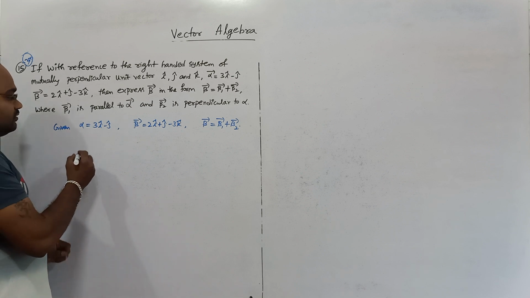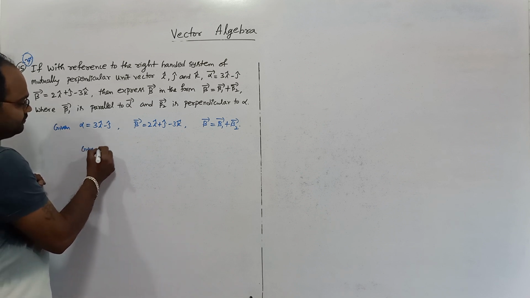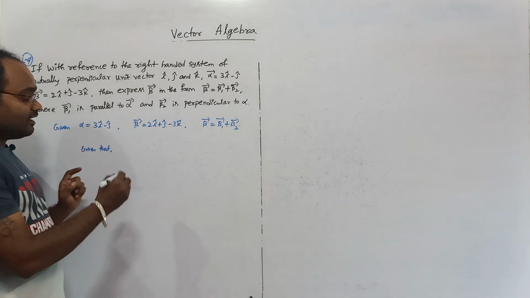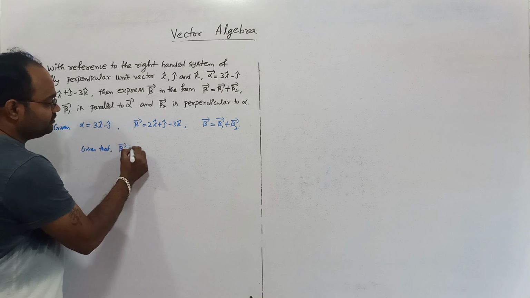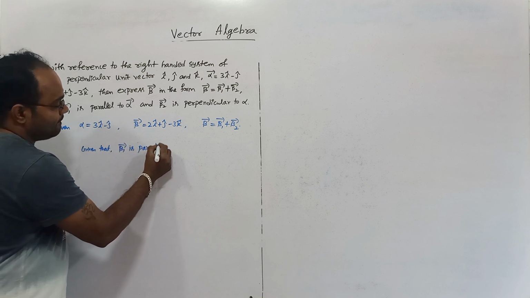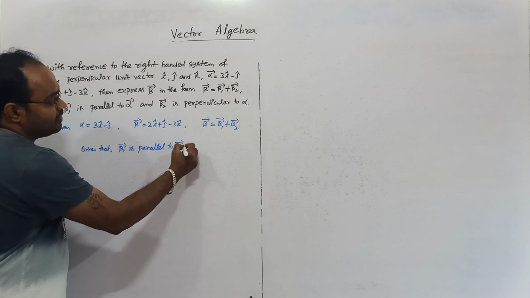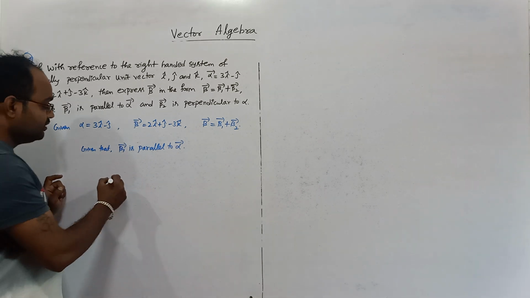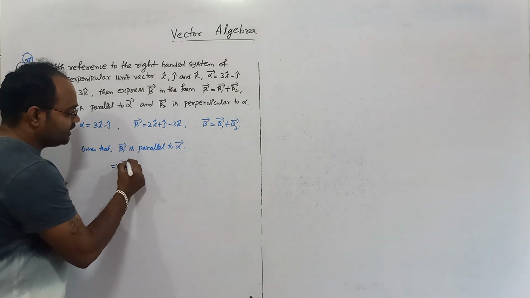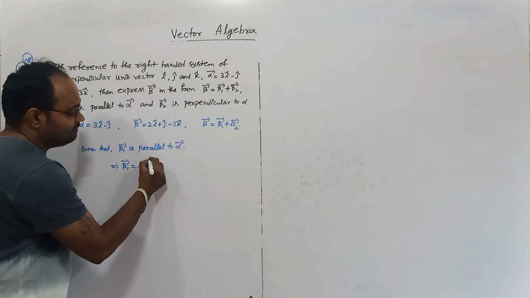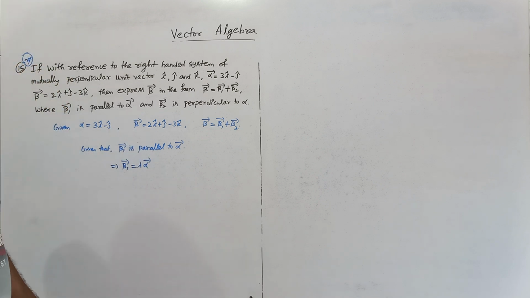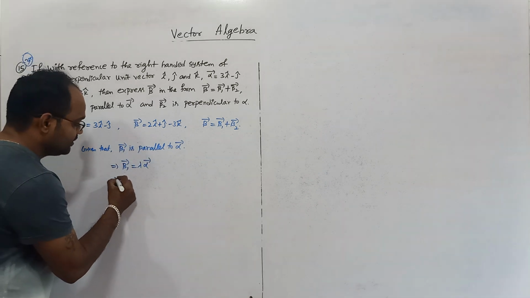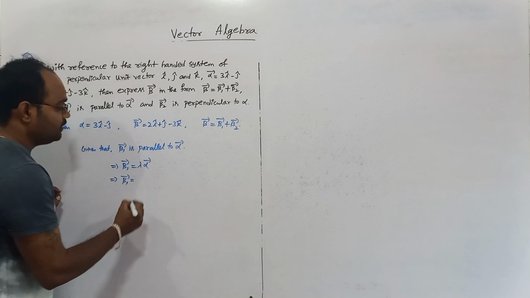Now given that beta 1 is parallel to alpha, which means they are collinear, parallel to the same line. So beta 1 can be expressed as some scalar multiple lambda of alpha, because they are collinear. This implies vector beta 1 is equal to lambda alpha.